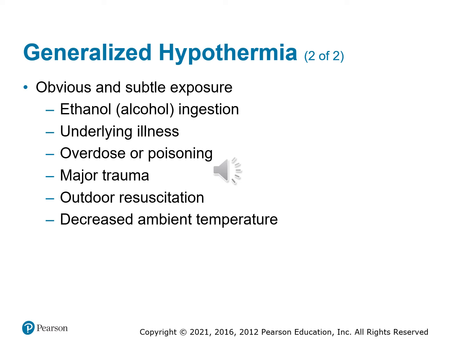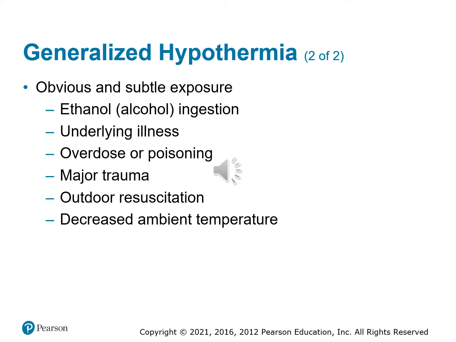Is your patient living in conditions that may be too cold for them? Especially with older adults, their circulation isn't as good anyway, so they're more susceptible to hypothermia. But these are also the people that are on fixed income. So when you go there in the wintertime, they might be inside, but in order for them to afford their bills, they might have to have their furnace set at, say, 60 degrees.